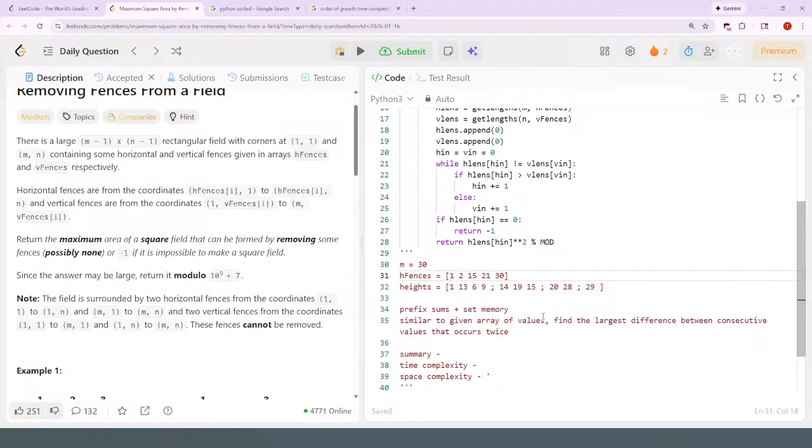Kept a heap. Interesting. If I kept a heap, that heap would be too big.